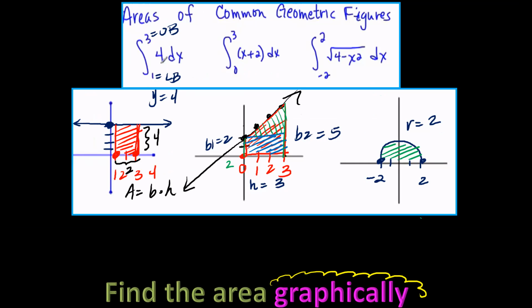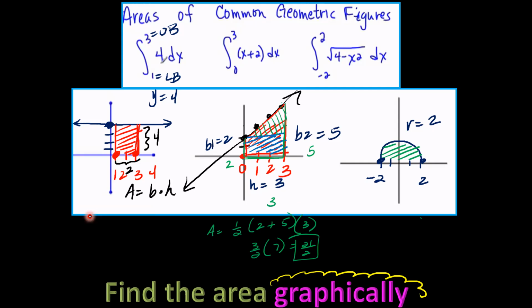Base 2 is going to be, here is 2, and then 3, 4, 5, so 5. And then my height for my trapezoid is from 0, 1, 2, 3. So the area is going to be 1/2 times base 1 plus base 2 times height. So then I have 3 over 2 times 7, which is 21 over 2. And that's my area.